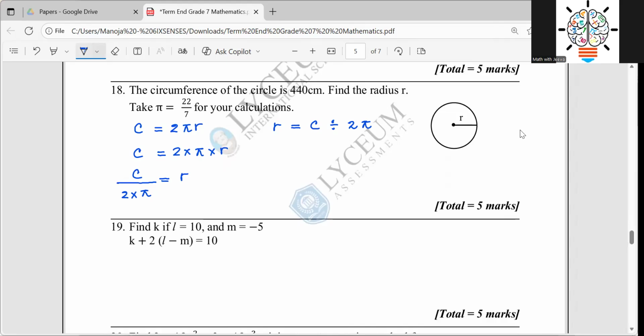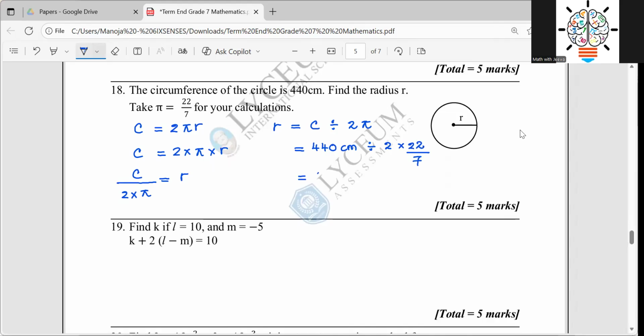Because this time I saw pi is 22 over 7. If I have C over 2 pi and pi is 22 over 7, it becomes complicated. So you just see how I'm doing. Instead of C, I write 440 centimeters divided by 2 times 22 over 7.